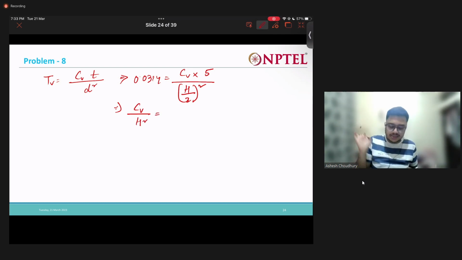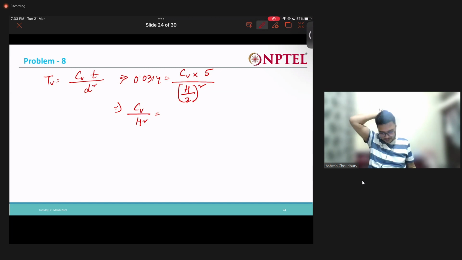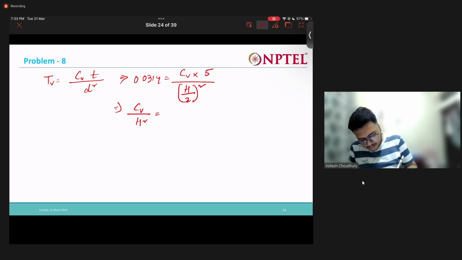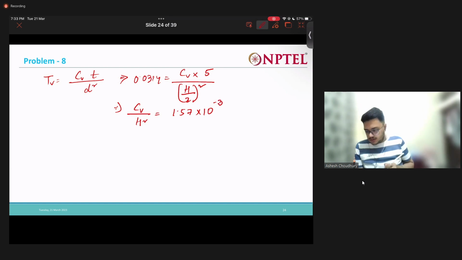The value is 1.57 into 10 to the power minus 3.